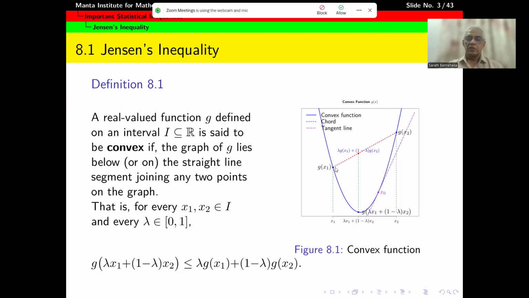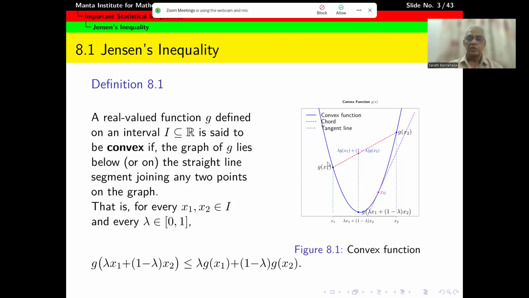Right. So mathematically, we can express it as, if you consider, for example, any point on this segment, it can be written as lambda times g(x1) plus 1 minus lambda times g(x2), with lambda being a number between 0 and 1.